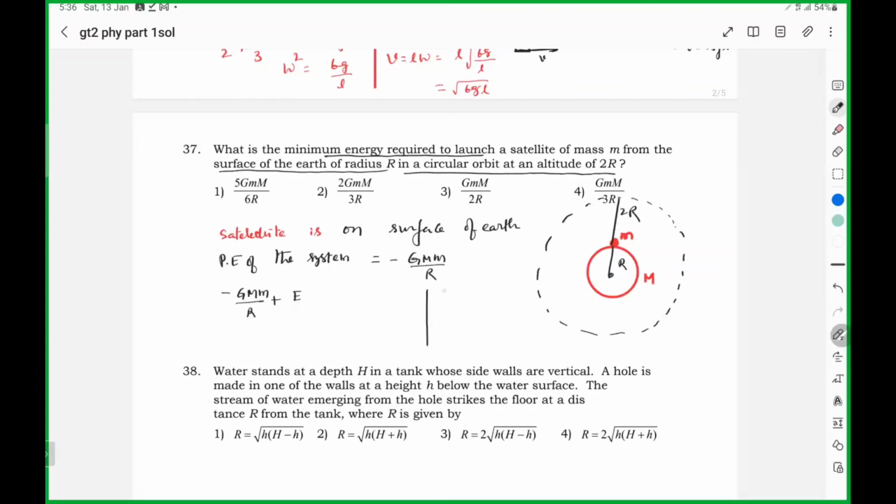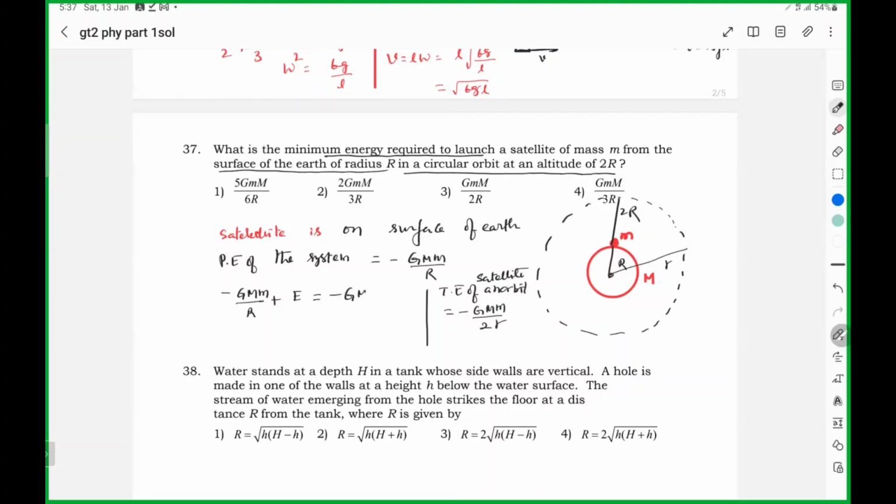So the total energy of the satellite in an orbit is minus GMm by 2r when it revolves in an orbit of radius r.